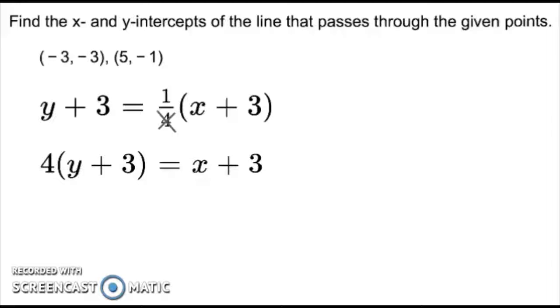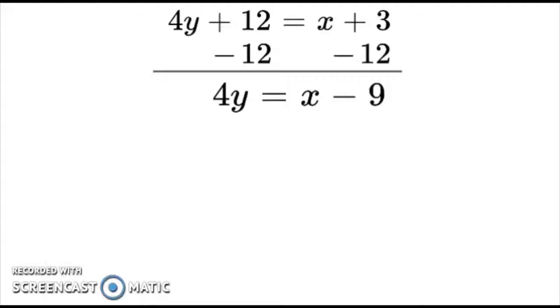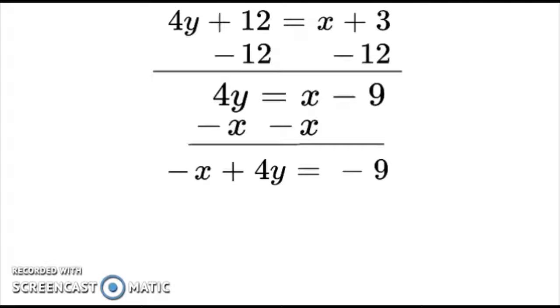I'll have 4 times y plus 3 equals x plus 3. Distribute the 4, I'll have 4y plus 12 equals x plus 3. Now I subtract 12 from both sides, I'll get 4y equals x plus 9. Subtract x from both sides, I'll have negative x plus 4y equals negative 9.